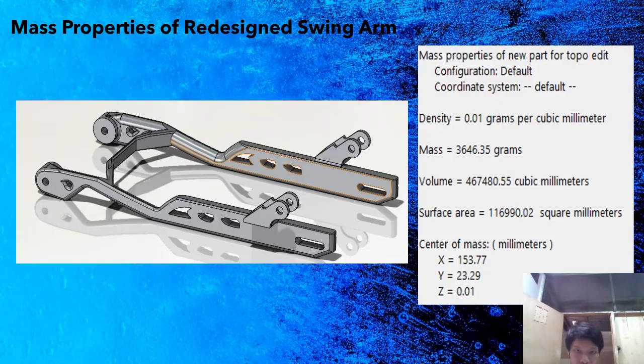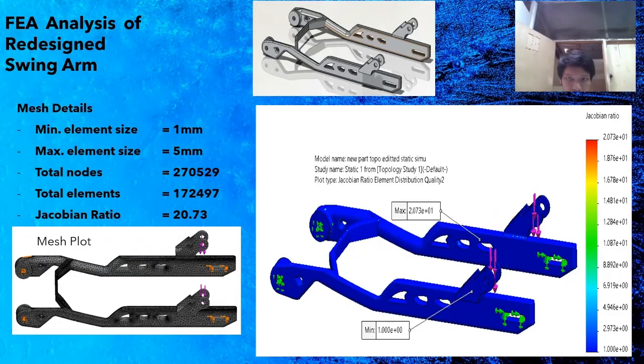After that, the model is redesigned based on the topology optimized model, and this is the mass properties of the redesigned swing arm. The mass for this redesigned swing arm is 3.6 kg, and then to ensure the functionality of this redesigned swing arm, we conduct the FEA analysis, and this is the result.